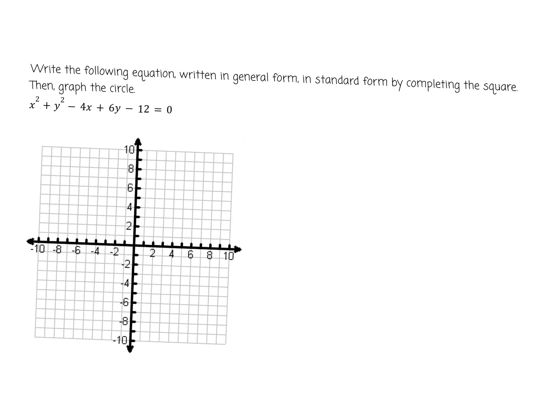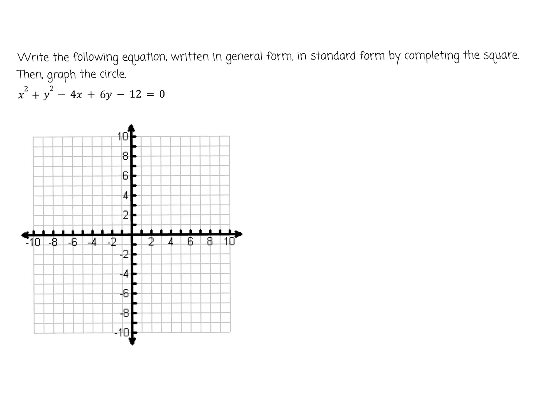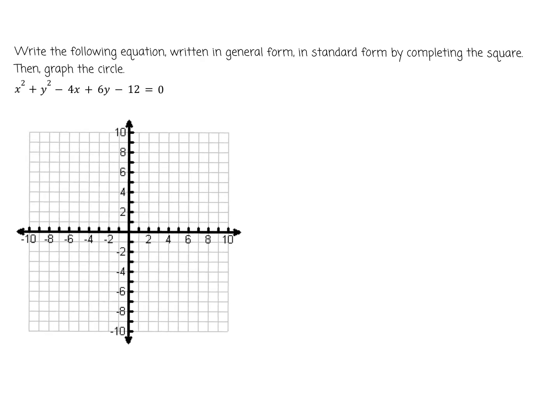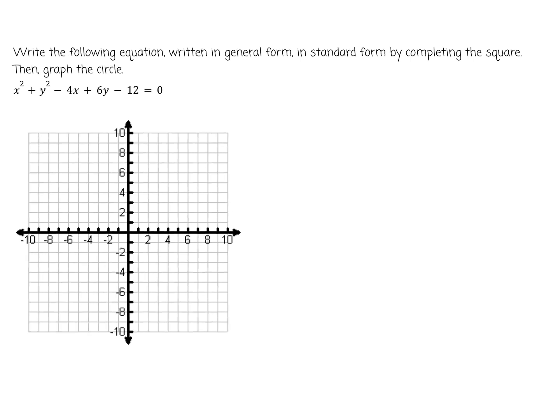So that's what we're actually going to do now. We are going to take the equation, which is currently written in general form, and convert it to standard form using completing the square, and then we're going to use that equation to graph our circle. Similar to when we were completing the square with a quadratic, our very first step is to move our constant to the other side.